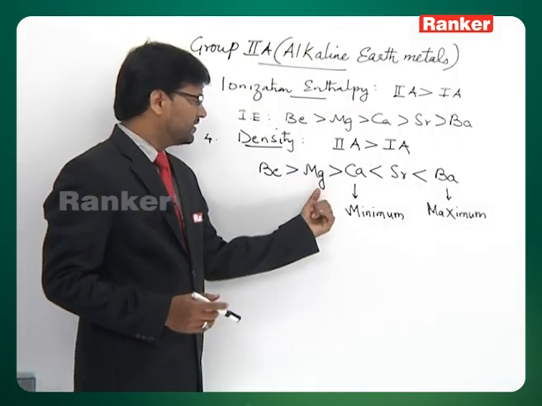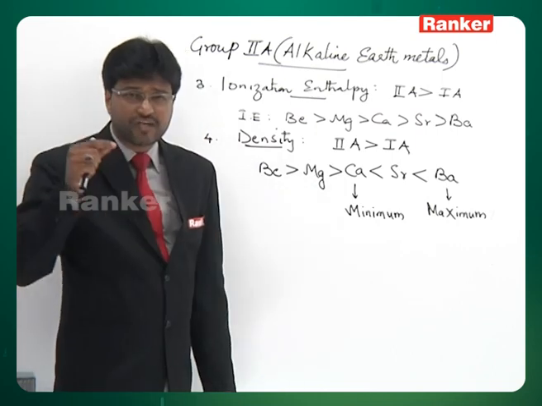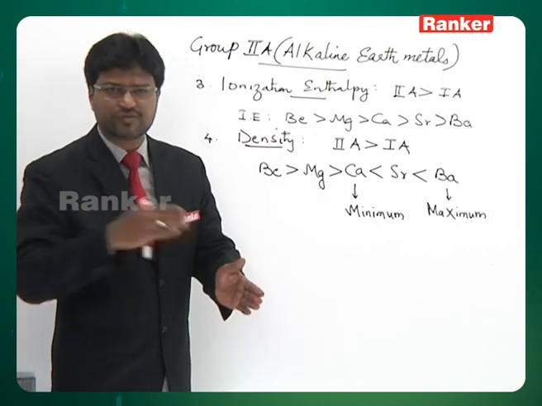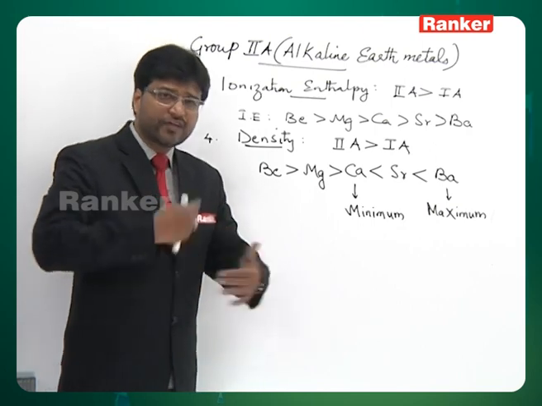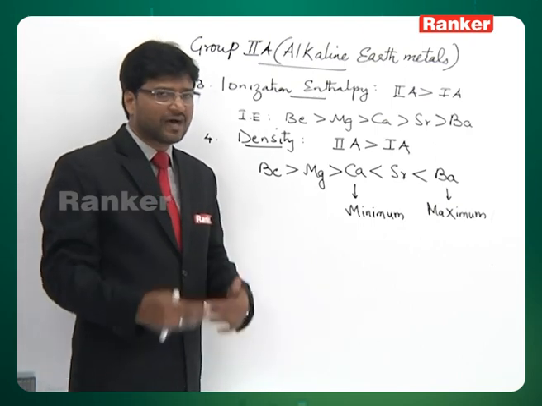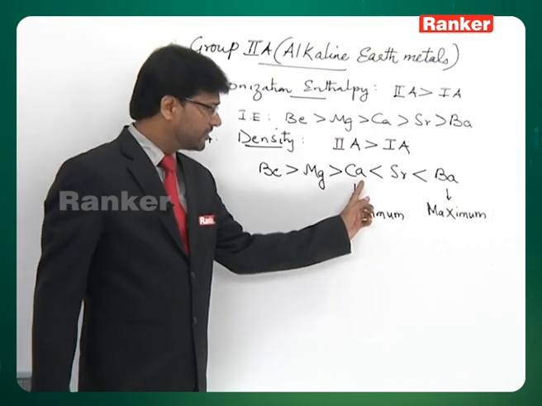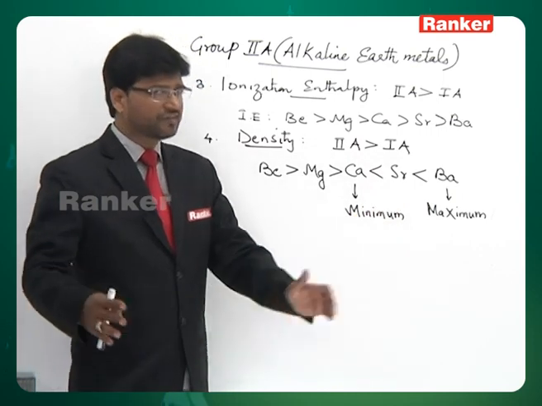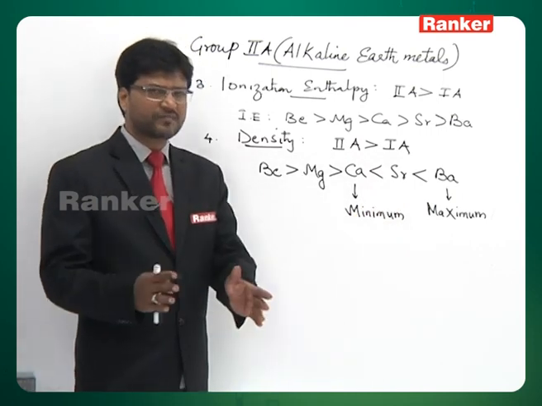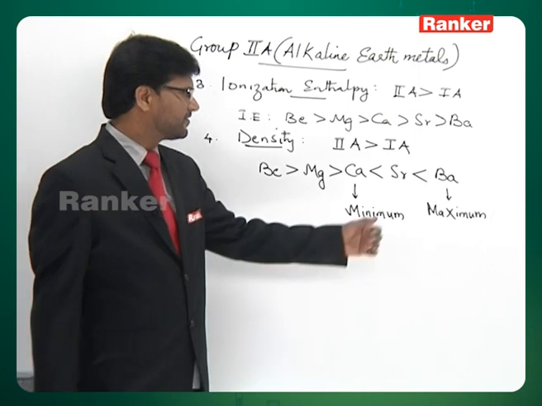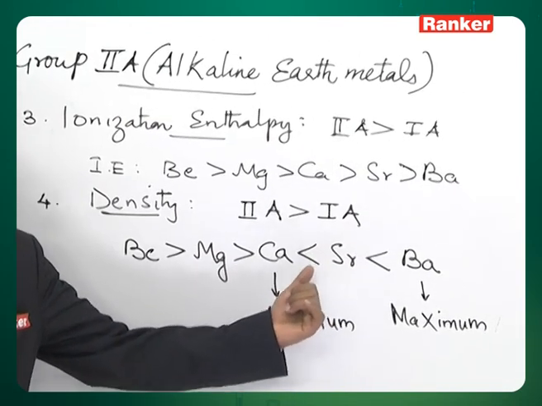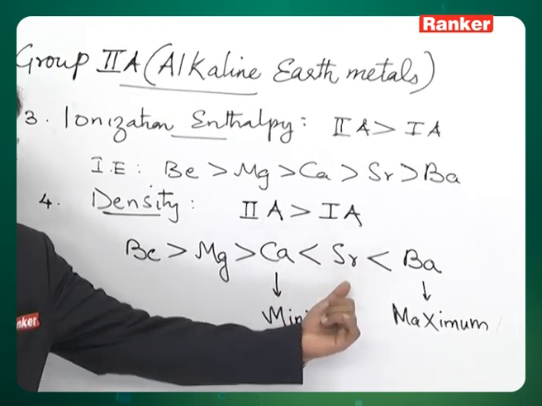It is because as you go down the group, there is a considerable increase in size from magnesium to calcium, which will outweigh the effect of increase in mass. Whereas after calcium, there is a possibility of d orbital contraction when you go from calcium to strontium.